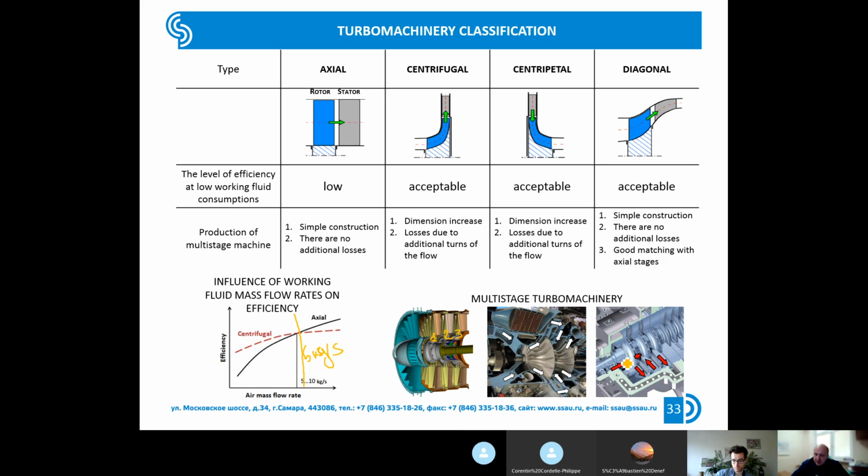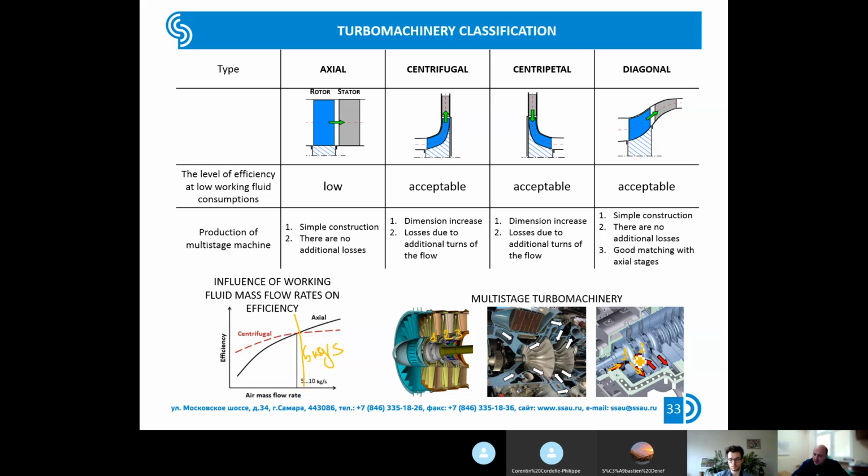If we speak about the centrifugal compressor, for example, this is the first stage, this is the second stage. The flow comes into the centrifugal compressor stage at the lower radius and comes out in the radial direction.